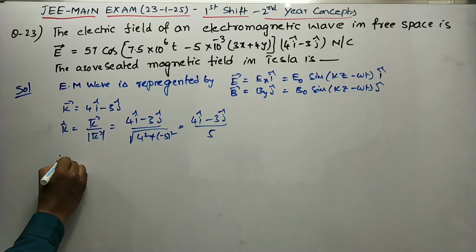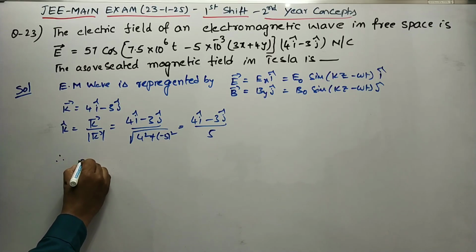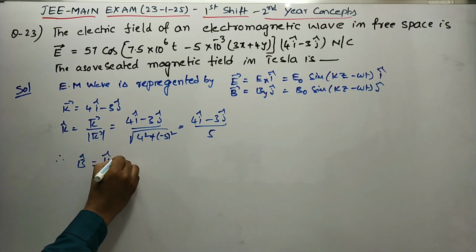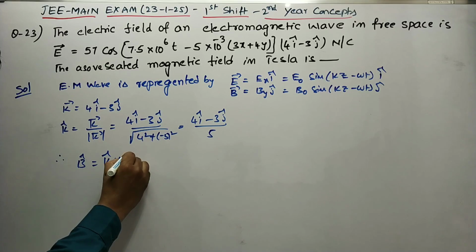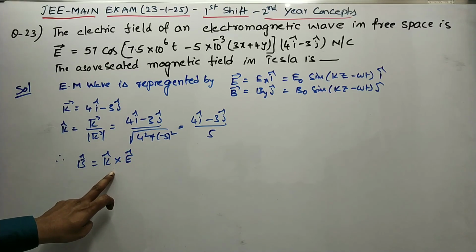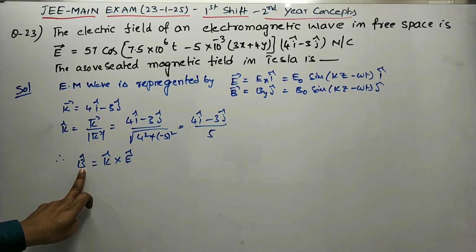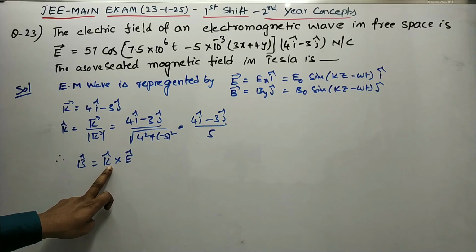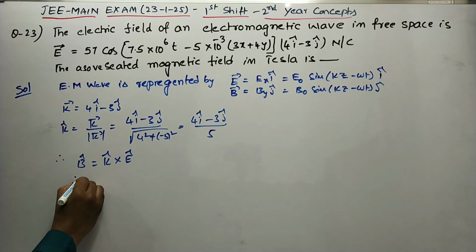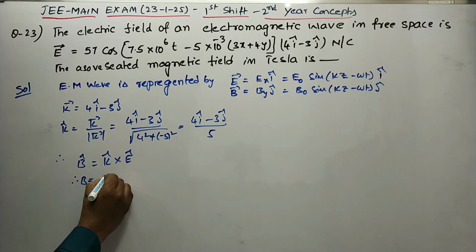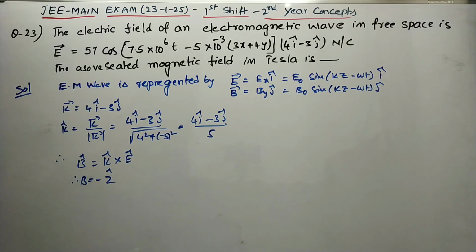Okay, therefore, what do you know? B cap is equal to k cap cross the electric field direction, E cap. Therefore, B is along minus z cap.